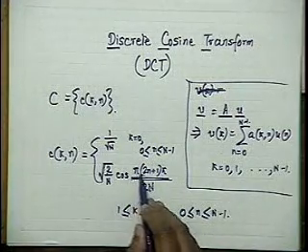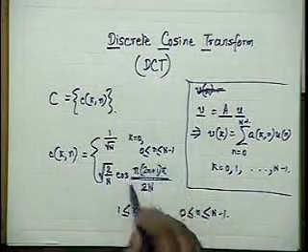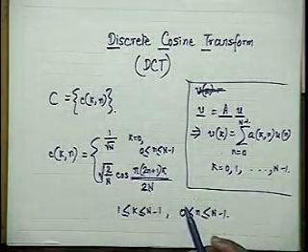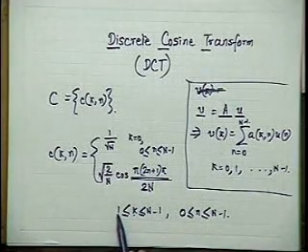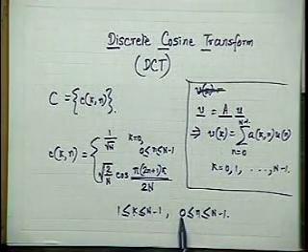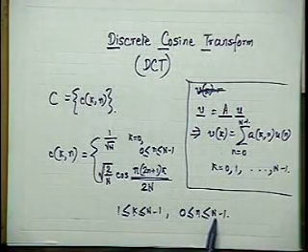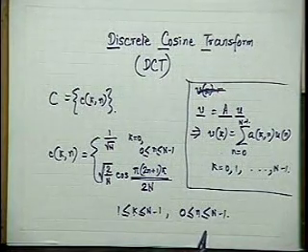So pi (2n plus 1) k by 2N forms the argument of the cosine function, defined for k in the range 1 to N minus 1 and n in the range 0 to N minus 1. These are the elements of the cosine transformation matrix.